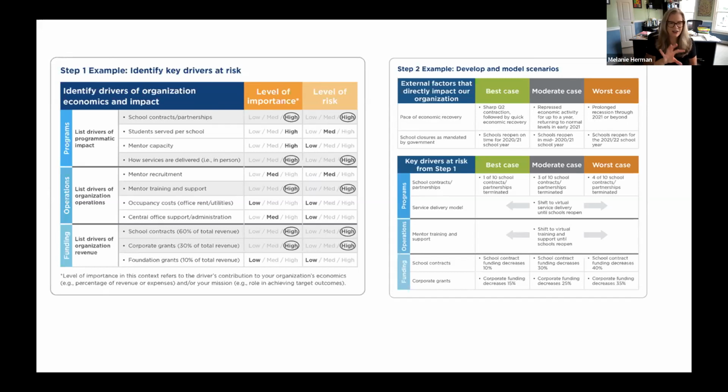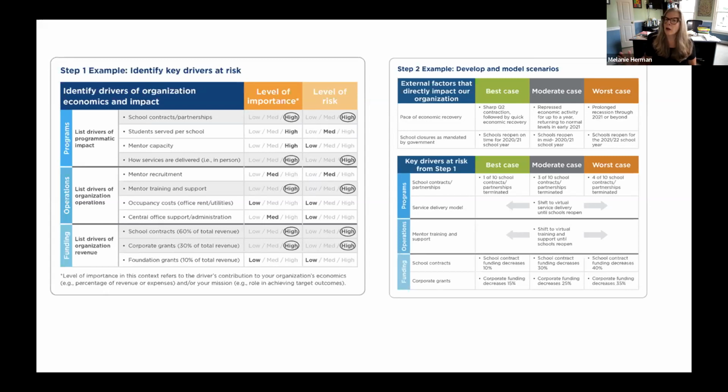And these scenarios do relate to some extent to a global pandemic. And you'll see in the columns on the right-hand side, a best case scenario, a moderate case scenario, and a worst case scenario.